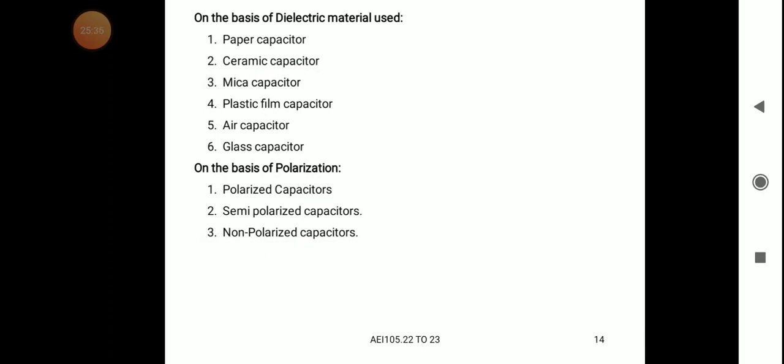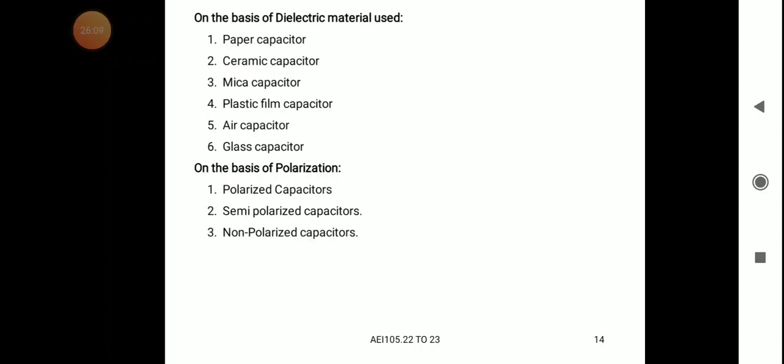Polarized capacitor means the two terminals are polarized, that is, it has a positive lead and a negative lead. By seeing the leads we can identify the positive and negative leads, and we need to connect them the same way: the positive lead where we need positive, and the negative lead where we need negative.